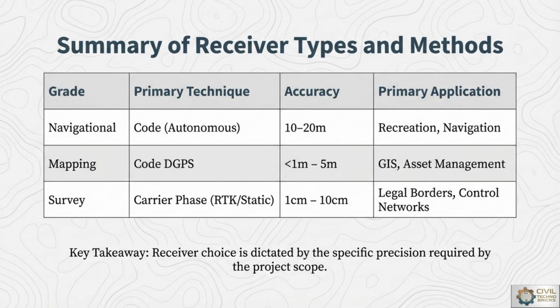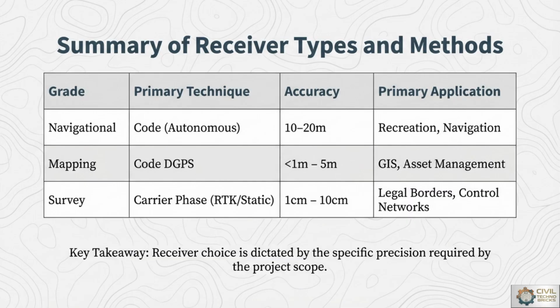The summary of receiver types and methods. GPS receivers are categorized as navigational, mapping, and survey grade systems. Each category offers different levels of positioning accuracy. Survey methods include static, rapid static, kinematic, and real-time kinematic techniques.